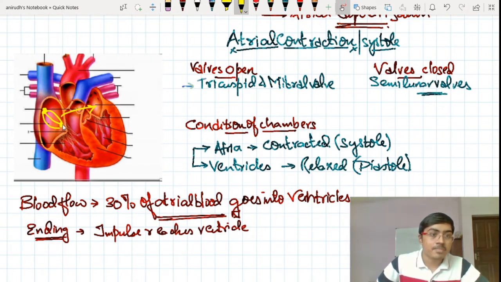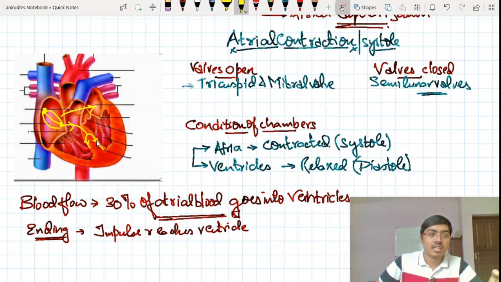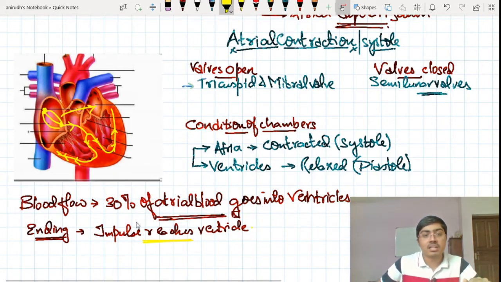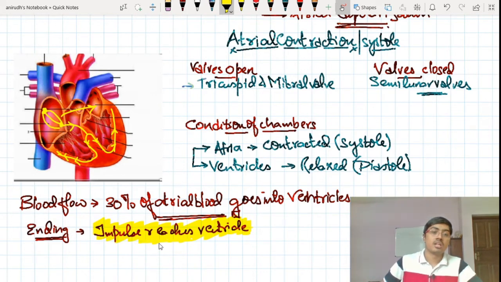By this time, the impulse was transmitted into the bundle of His that divided into right and left bundles, and that eventually became the Purkinje fibers. It extends all the way till here. So now the impulse has reached the ventricle, and this marks the ending of the atrial systole.